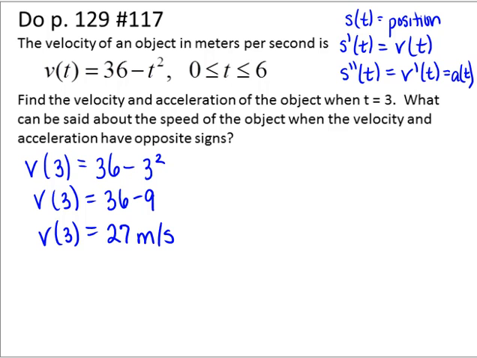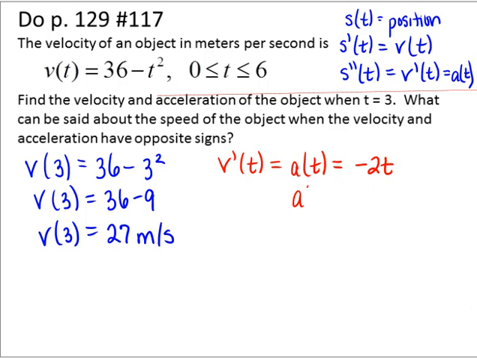What I just said was that if I took the derivative of the velocity, I would end up with acceleration. So that's what I'm going to do. I'm going to take the derivative of the velocity, which equals my acceleration function. The derivative of 36 is 0, and the derivative of negative t squared is negative 2t.